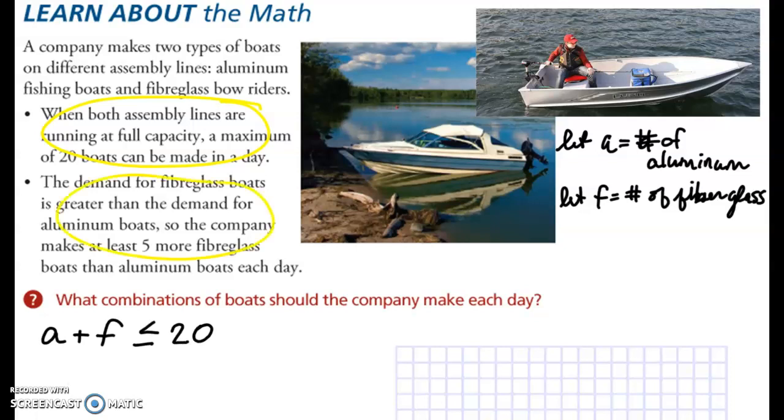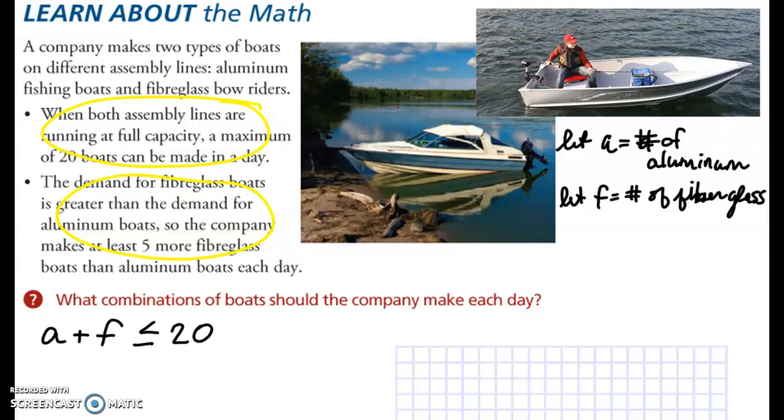When we look at the second bullet, it contains our second linear inequality. So we know that 5 more fiberglass boats than aluminum boats will be made. Now, often in a wording like this, what's a lot easier to do is make an equation first.